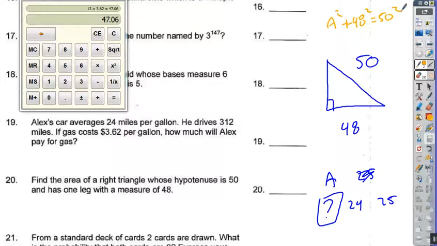So 48 squared. Now I know what 4 squared is. 50 squared, and I probably could have got that one on my own too.